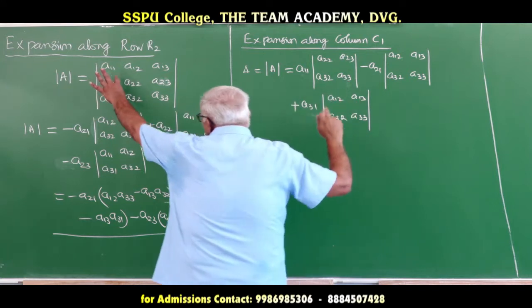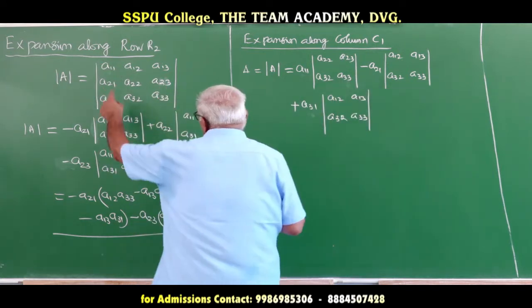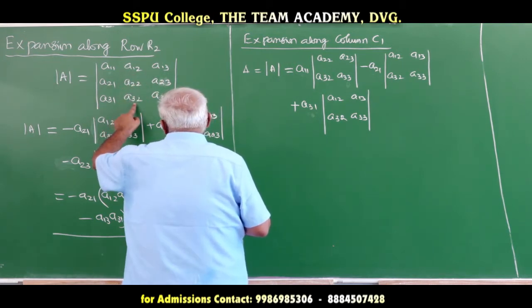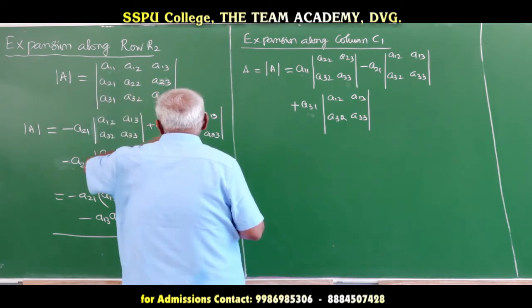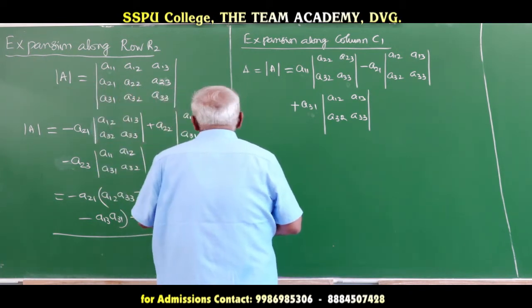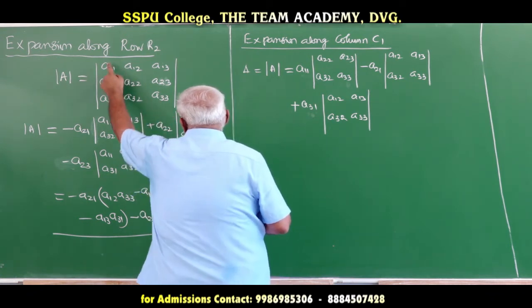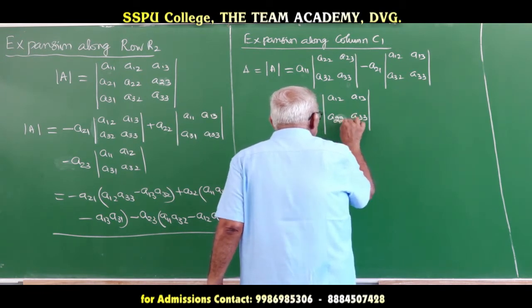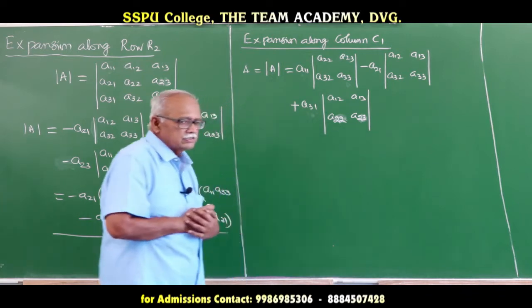Here A12, A13, A32, A33. Now the third one: A22, A23. So, this is the final result.